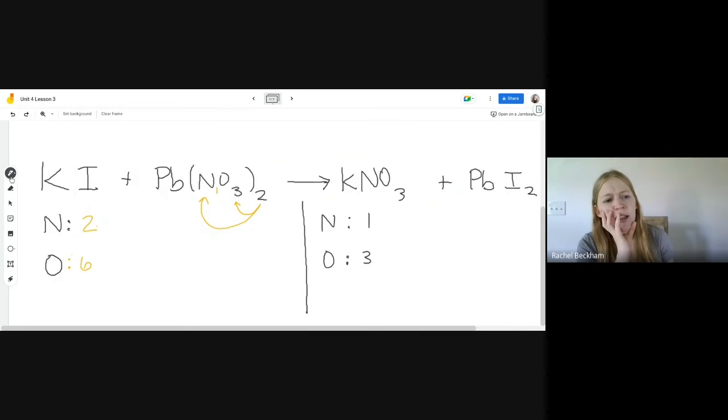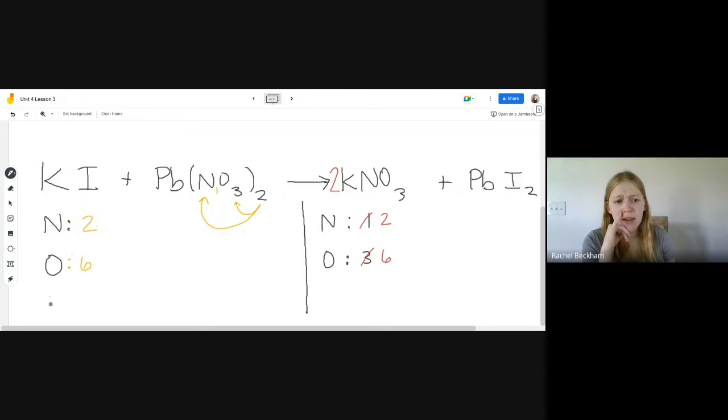So what I need to do is make these even. I could put a 2 right here, because then that 2 would multiply to everything within it, right? And so that would make me have 2 N's now, because 2 times 1 makes 2, and then 6 O's, because 2 times 3 makes 6. So then that would be balanced.